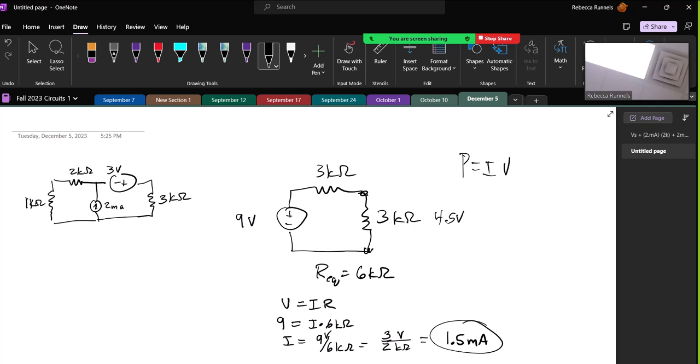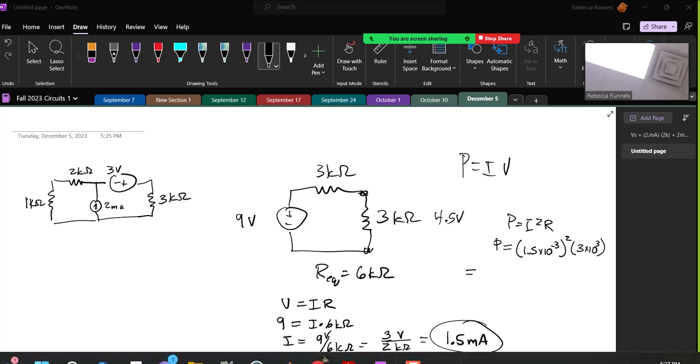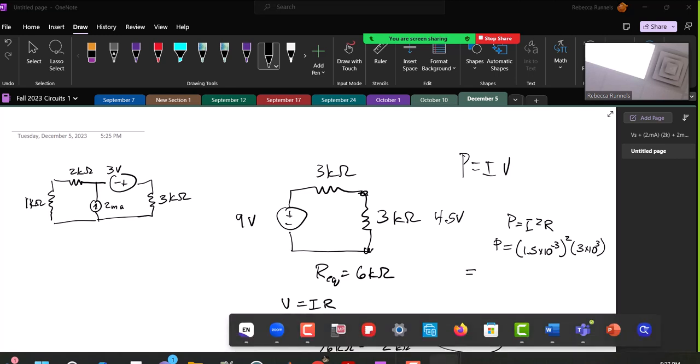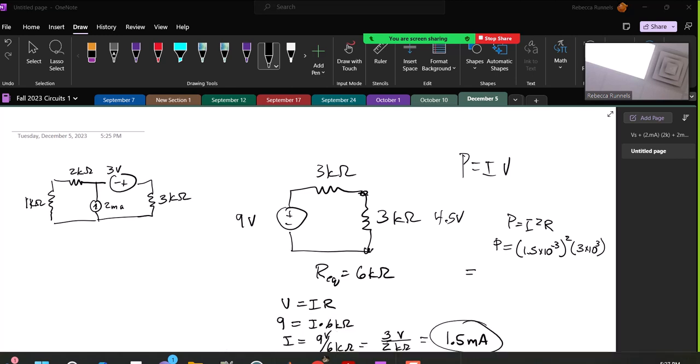But because I can only ever remember one formula, power also equals I squared R. So if you have the current like we have here, you can say the power is 1.5 times 10 to the negative 3 squared times our resistance, 3 times 10 to the third. I'll get a calculator here.